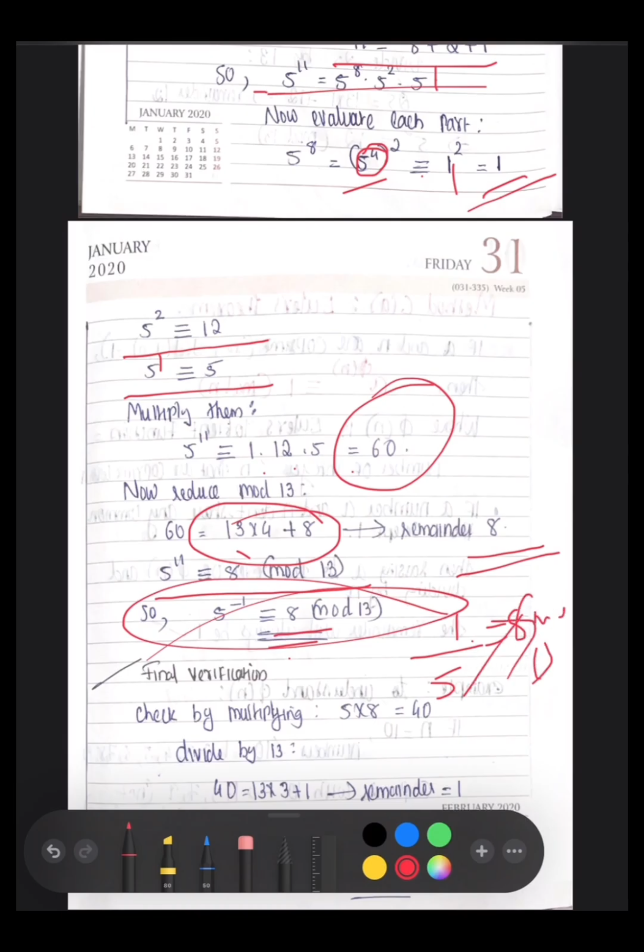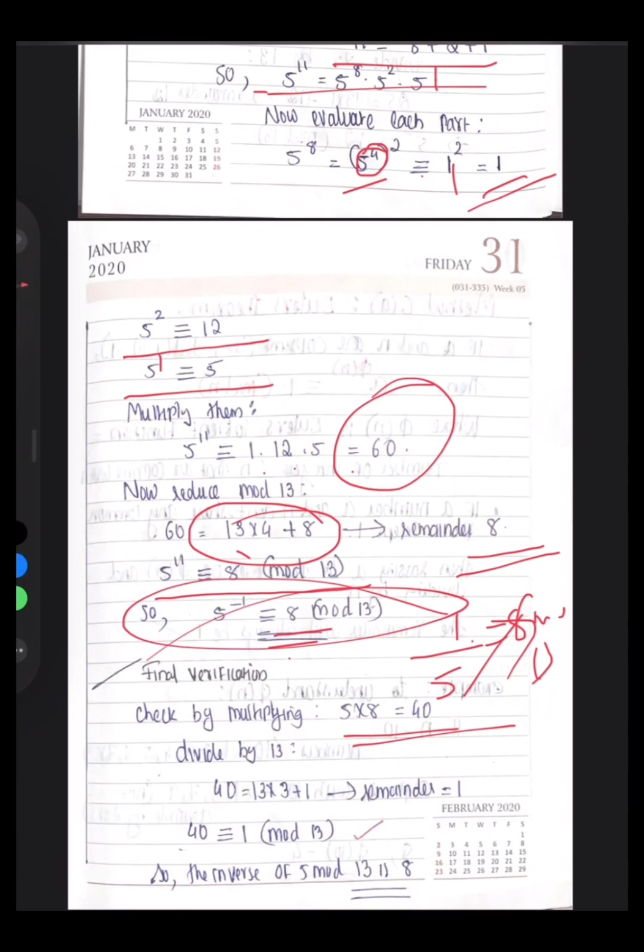So apply 5 times 8, that is equal to 40. 40 divided by 13 leaves remainder 1. So 40 is congruent to 1 mod 13. So the inverse of 5 mod 13 is 8, and our equation is correct. That's all for method C.